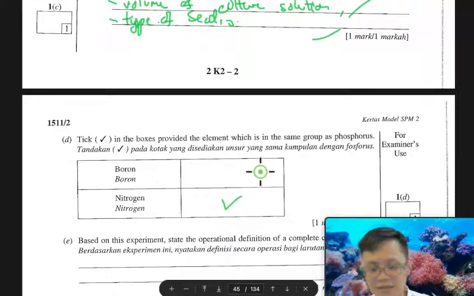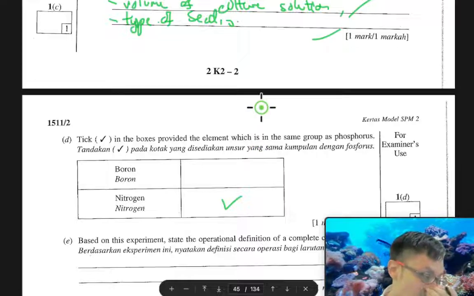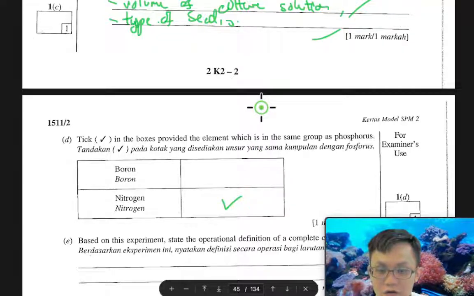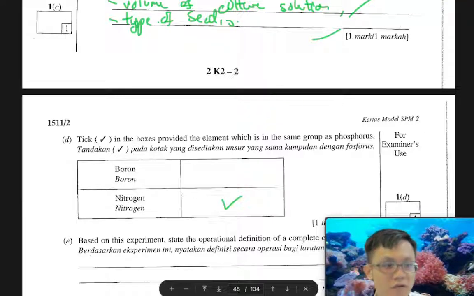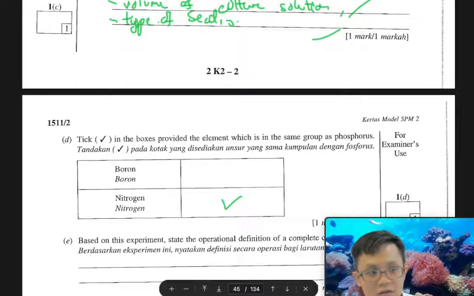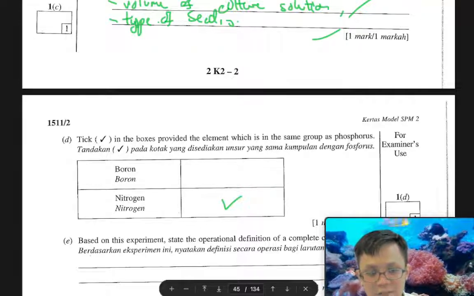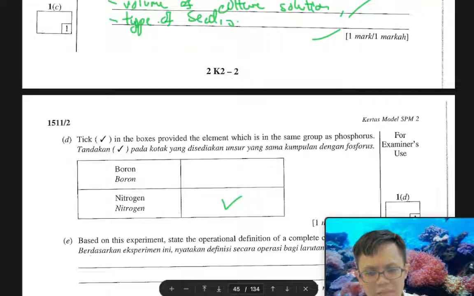What is the chemical name for micronutrient? So it's nitrogen, macronutrient. Boron is a micronutrient. Are they talking about the periodic table or micro and macro?